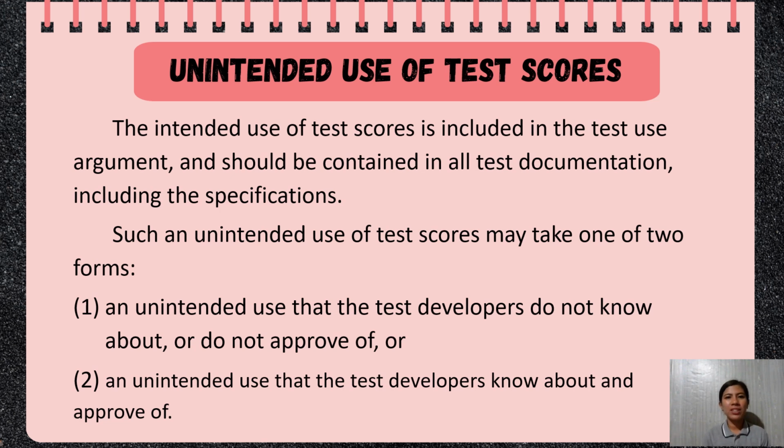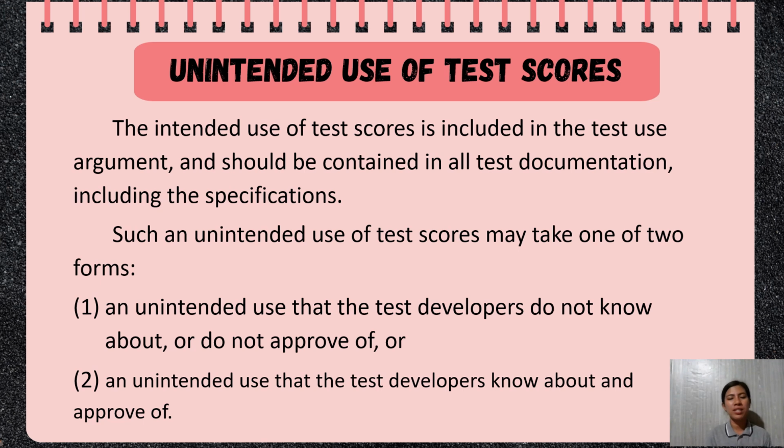Next is unintended use of test scores. The intended use of test scores is included in the test use argument and should be contained in all test documentation, including the specifications. Unintended use of test scores may take one of two forms.